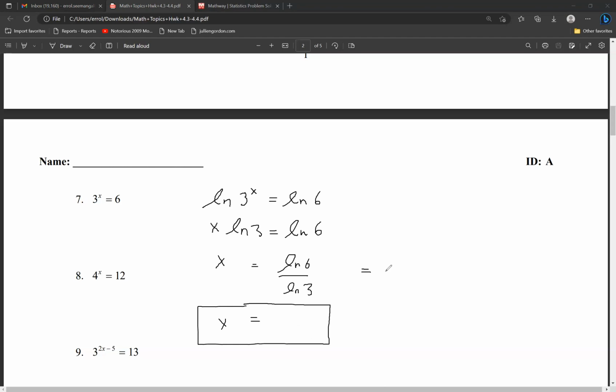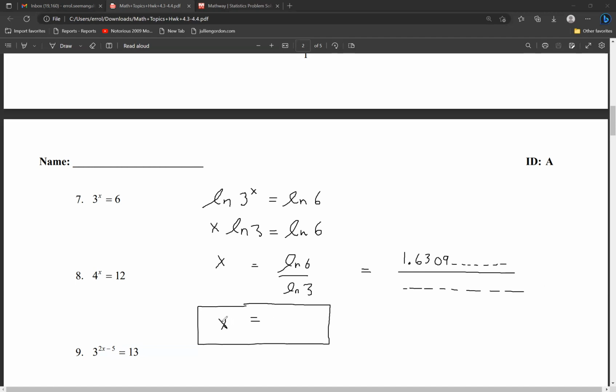Okay, so what does the ln 6 work out to be? 1.63. Is it just 1.63? No, it's like 1.630929754. All right, take the whole thing and divide by ln 3, the whole thing. Use all the decimals until the very last step.